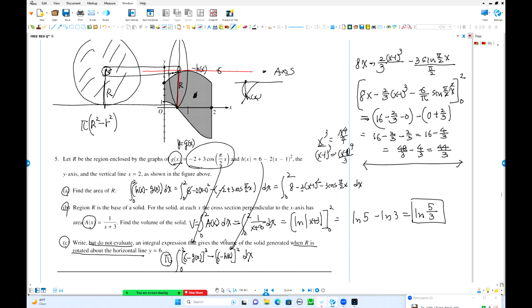You'll get full credit anyway. You don't have to replace with negative 2 plus 3 cosine of pi over 2 x in here. They don't care about what you substitute for g of x and h of x.